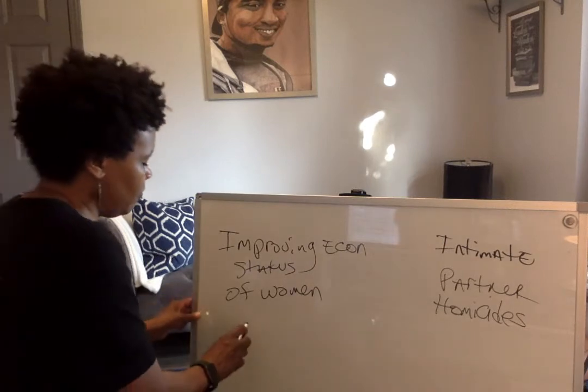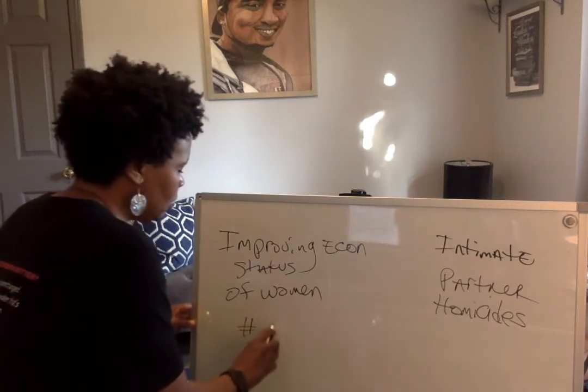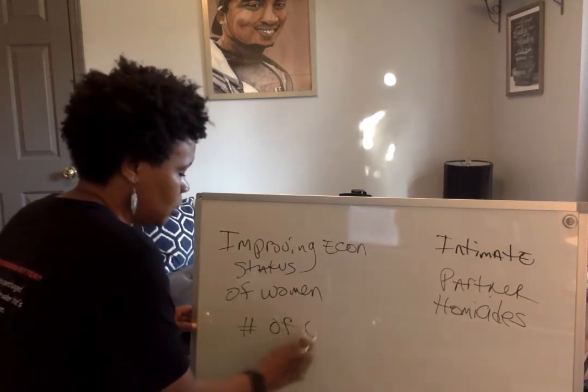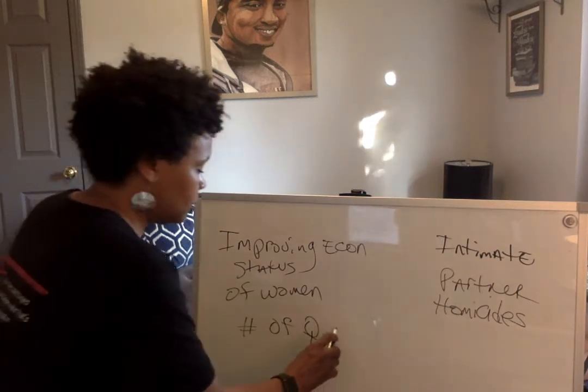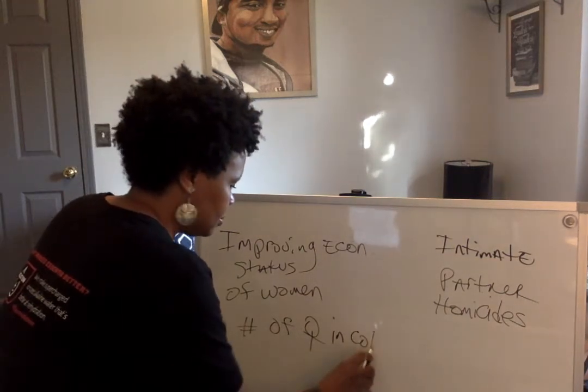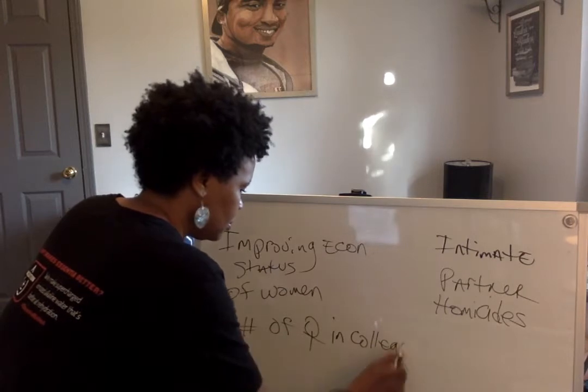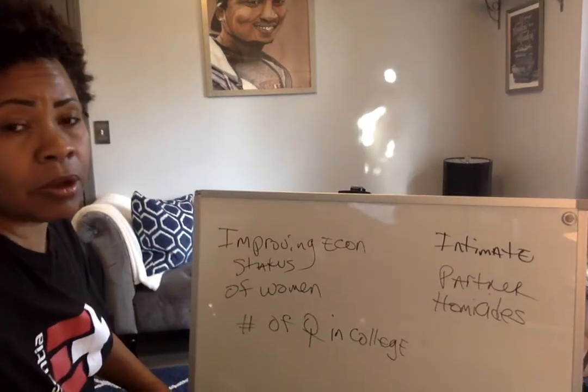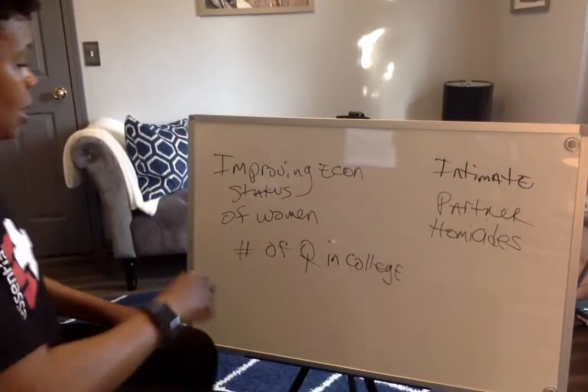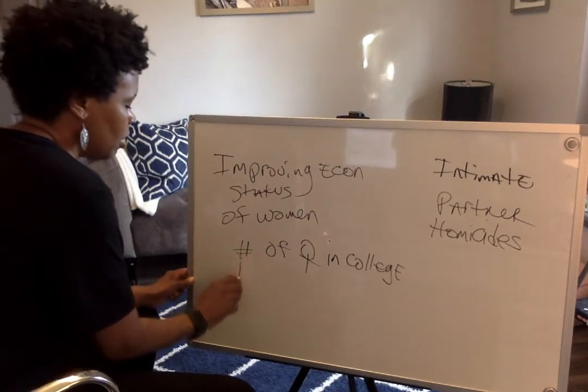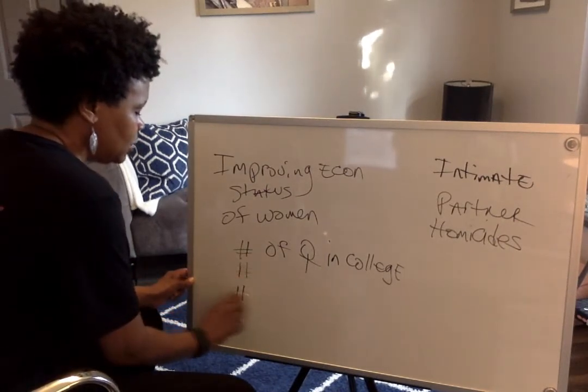So I'm going to look at a couple of factors. I'm going to look at the number of women in college. I'm also going to look at the number of women in male-dominated jobs.